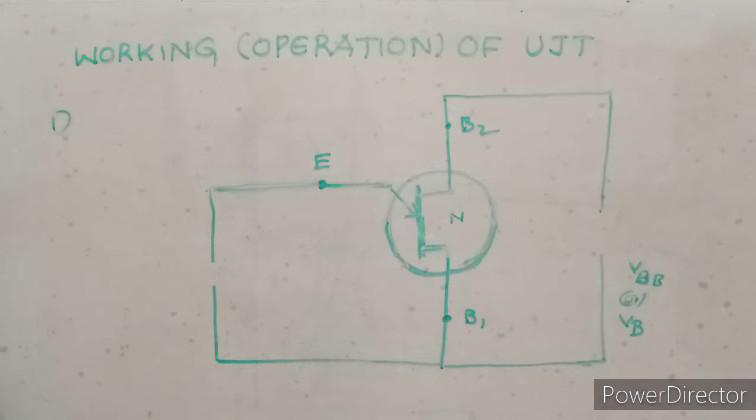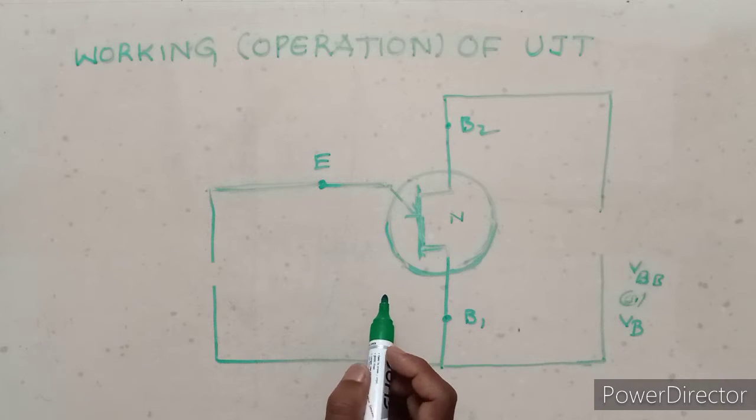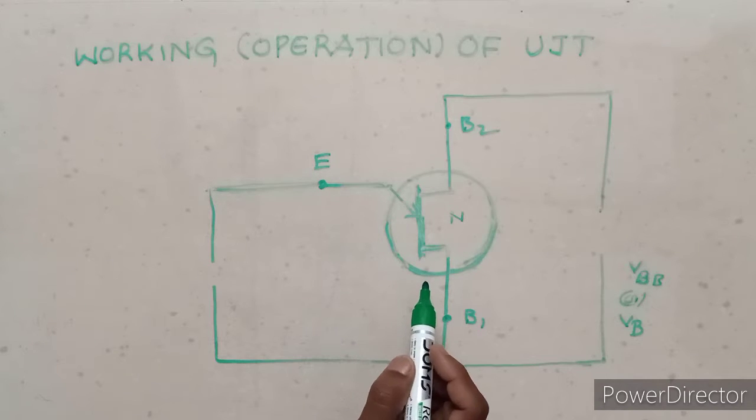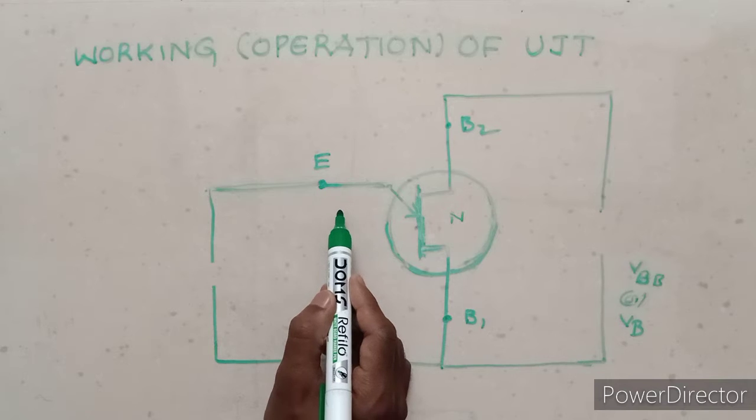Second condition: the voltage V1 is developed across the emitter and base B1.